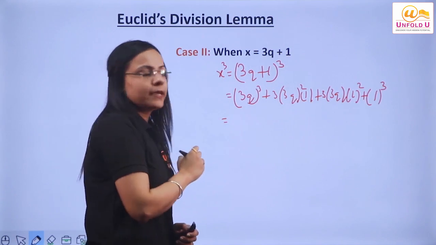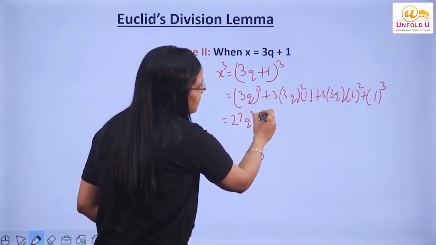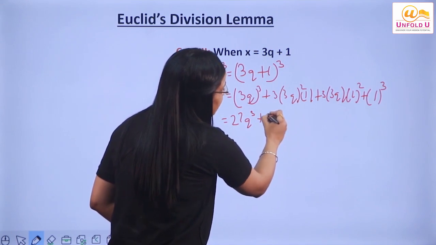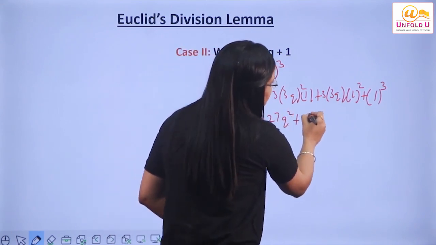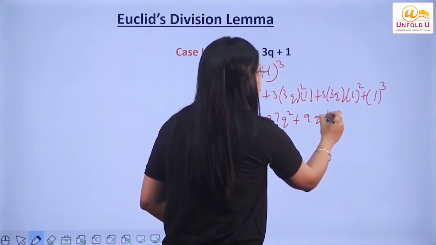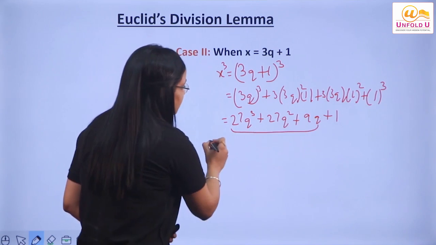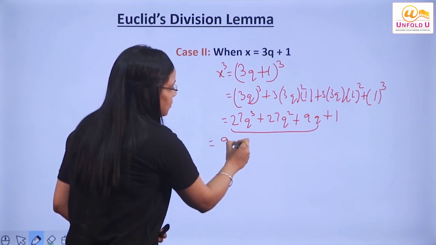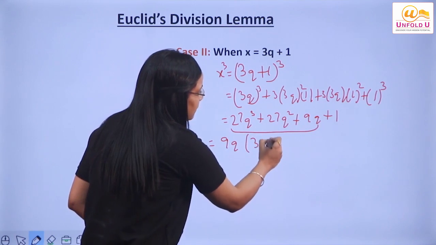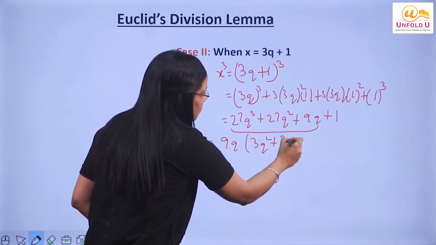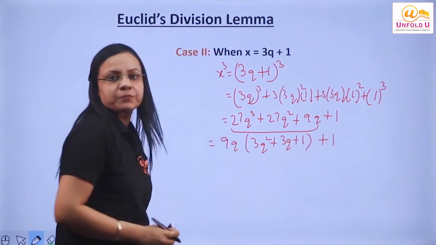Solving this we get 27q cube plus 27q square plus 9q plus 1. From the first 3 terms we can take 9q common. So we are left with 3q square plus 3q plus 1, and then plus 1.